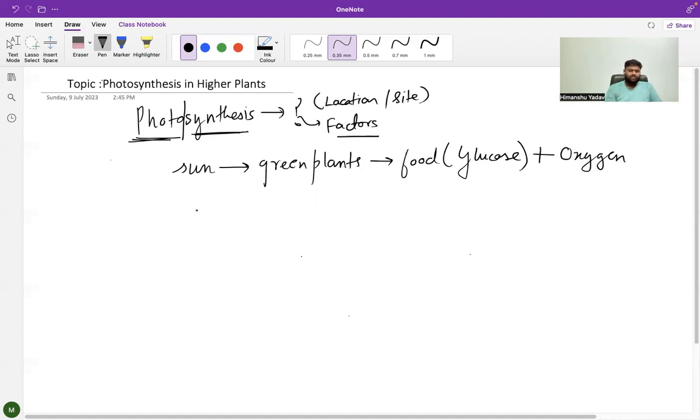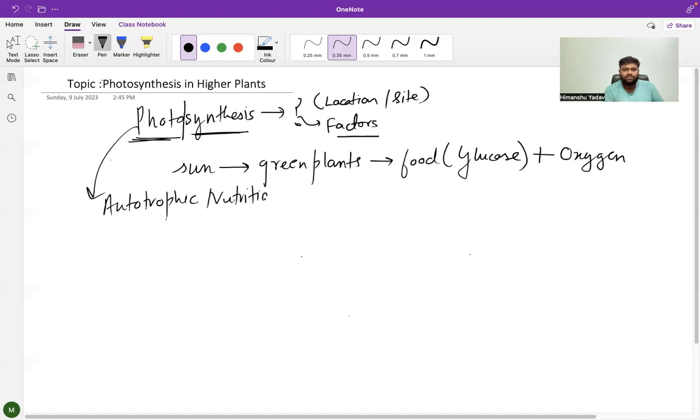Dear students, for studying photosynthesis you need to understand that there are several other topics. Photosynthesis occurs as a means of autotrophic nutrition.